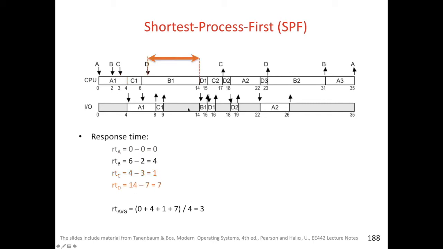For the last process, D is submitted to the system at 7 and starts execution at 14. So response time is 14 minus 7 for process D, which is 7. The average response time for shortest process first is found as 3, which is shorter than the average response time for first come, first served, which was found as 4.5.